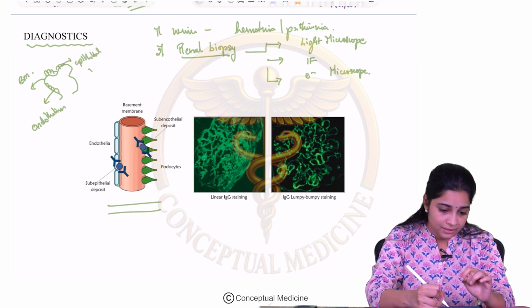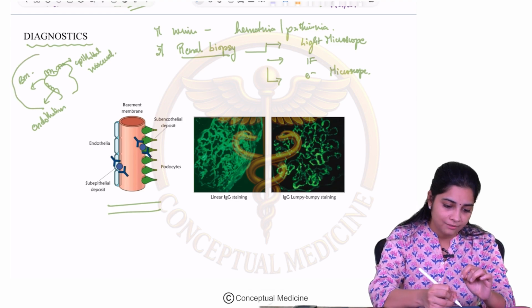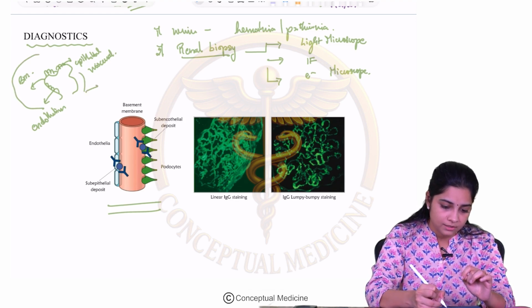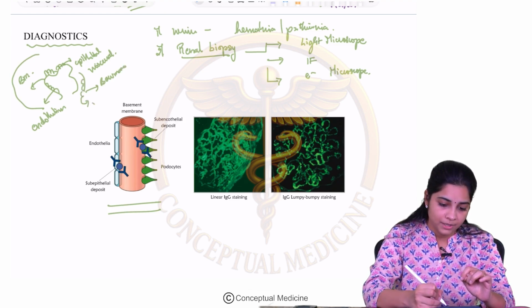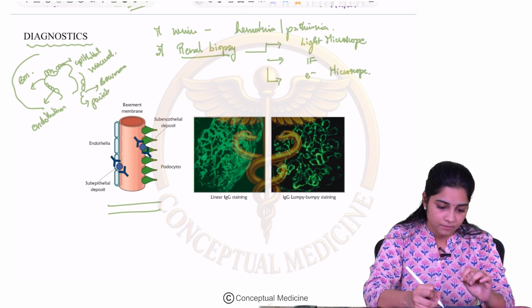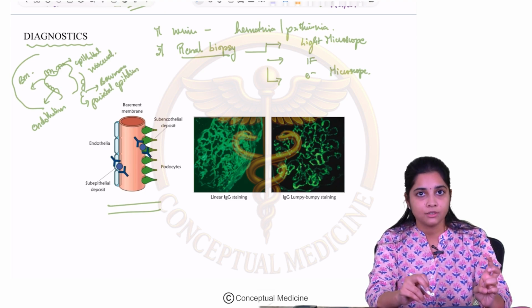These epithelial cells which stick on to the glomerular tuft are your visceral epithelial cells. Then you have your Bowman's space. This is your Bowman's capsule. And the cells which are found here are your parietal epithelial cells. This we had already discussed in the anatomy or structure of the glomerulus.